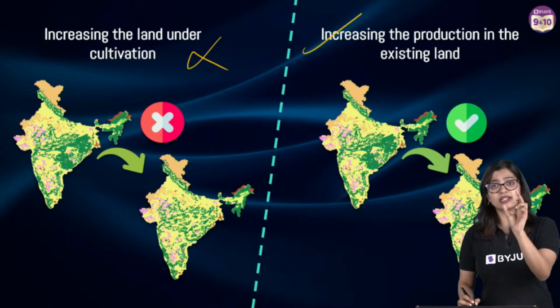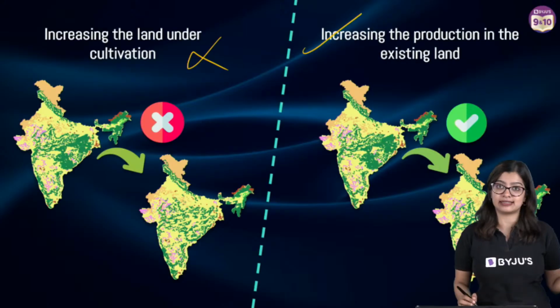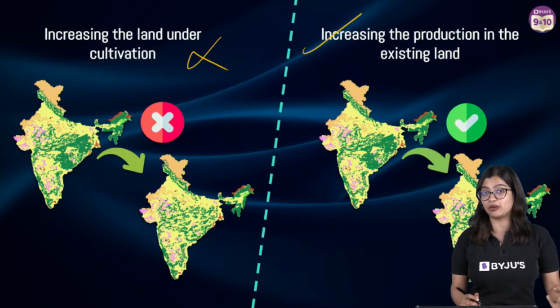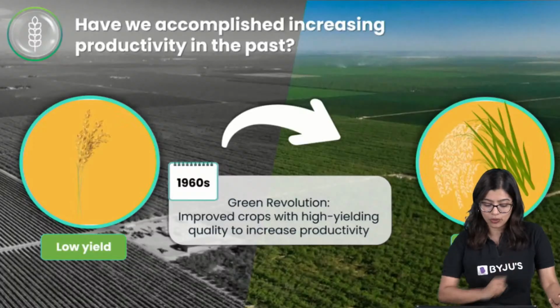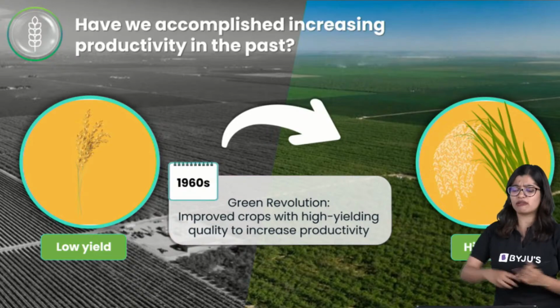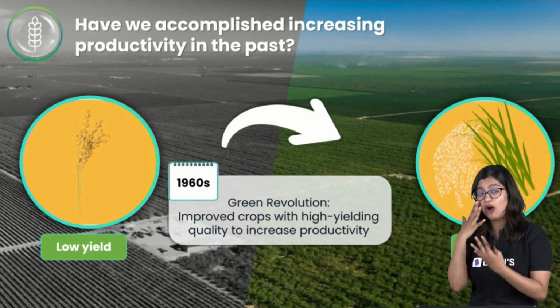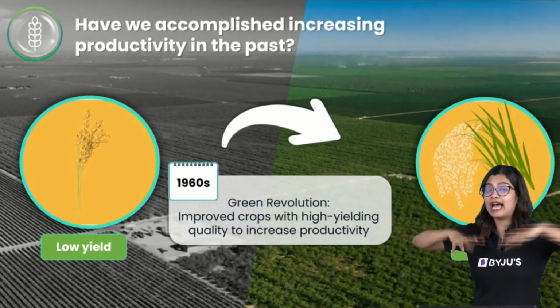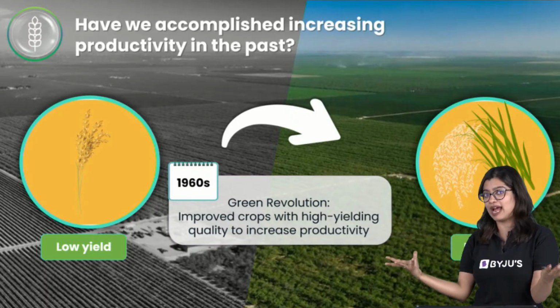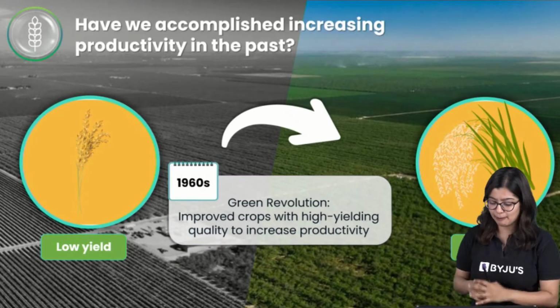So this was the idea way back in the 1960s, that okay, we are not going to be able to get more land. So what did people do? People started to use some methodologies where they found that the amount of crops that they could grow in one single piece of land, they're like, okay, let's double their number, right?